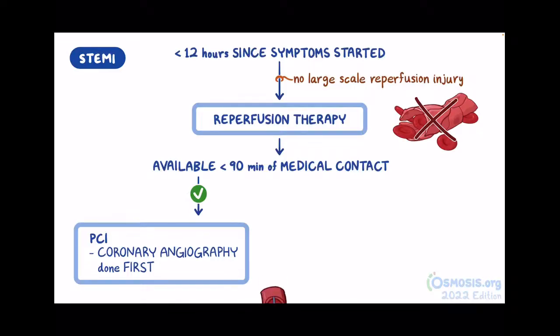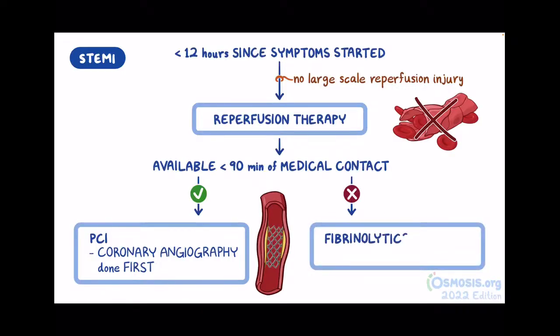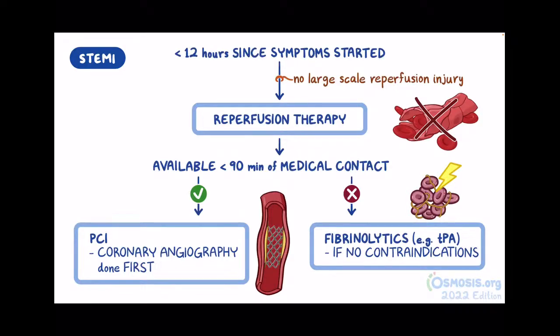Then, during the PCI, a balloon catheter is advanced past the blockage and inflated to expand the blocked artery, and a stent is left in place to keep it open. If PCI is not available within 90 minutes, fibrinolytics like TPA can be given to break down the clot in the coronary artery if there are no contraindications.